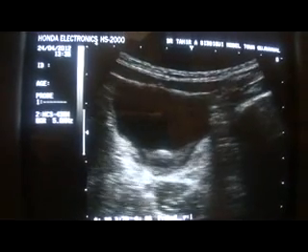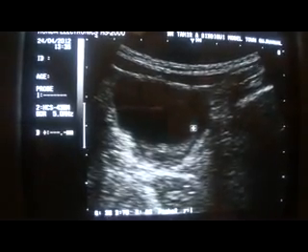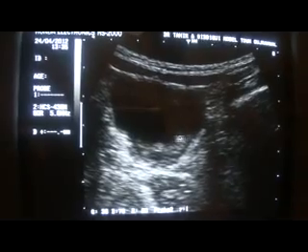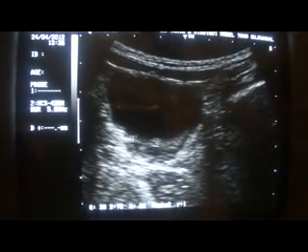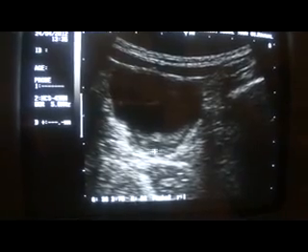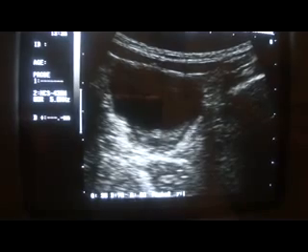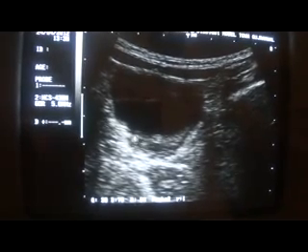Now let's do the same with the longitudinal section. Pressing the probe longitudinally and trying to get the total length of the urinary bladder. This is the total length of the urinary bladder.